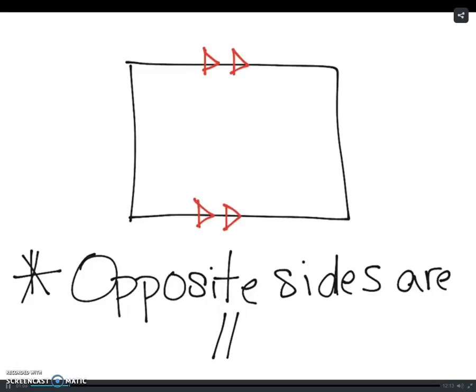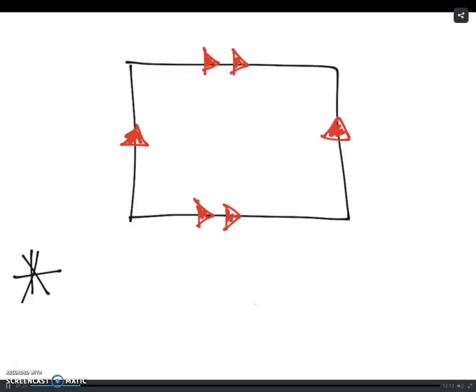So the sides that have the same number of triangles are the sides that are parallel. So that would mean this left side over here and the right side over here, those are parallel because they each have 1 triangle. And then the top and the bottom are parallel because they each have 2 triangles. Okay, so that's our second fact.